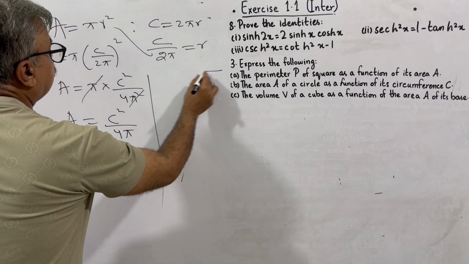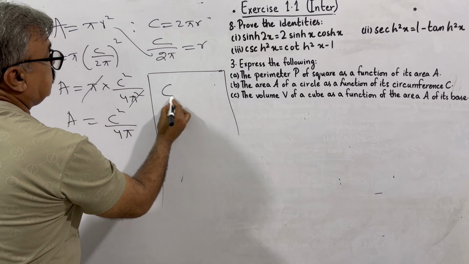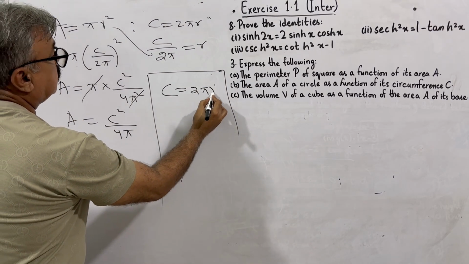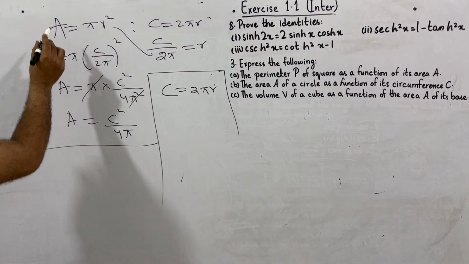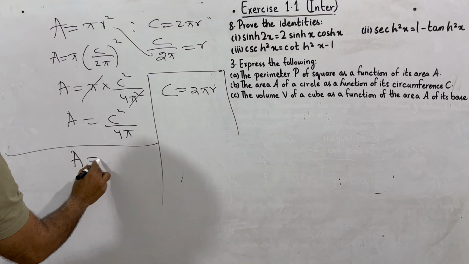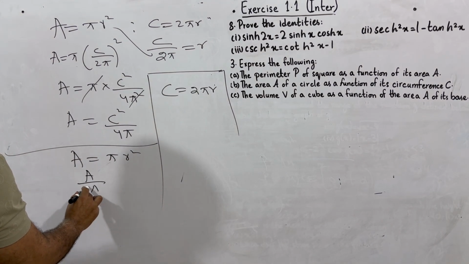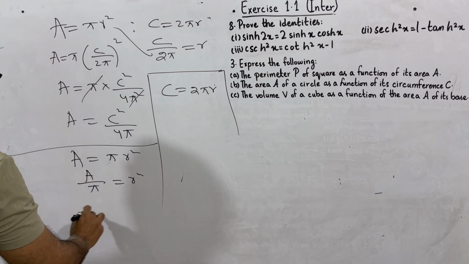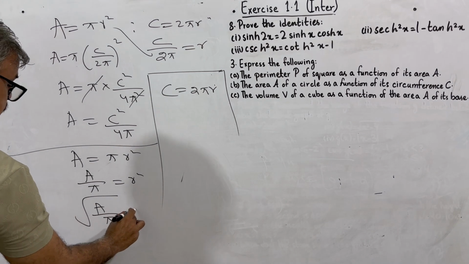While circumference can also be expressed in terms of the area of a circle. Like this, c is equal to 2 pi r. Find the value of r from here. We can find r from the area of a circle, pi r square, so a over pi is equal to r square. Taking the square root, root of a over pi is equal to r.